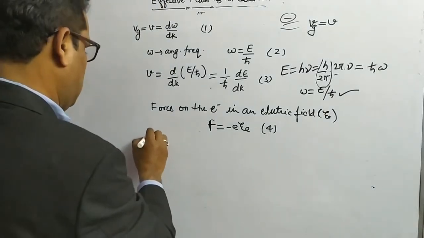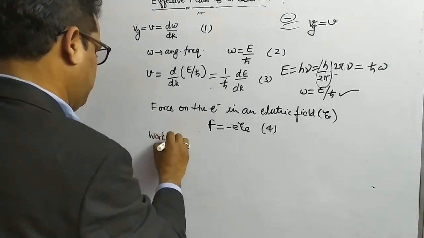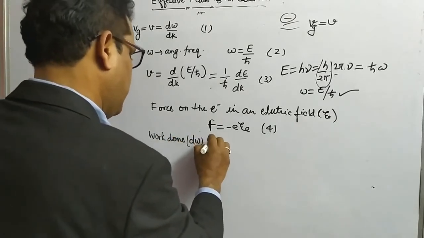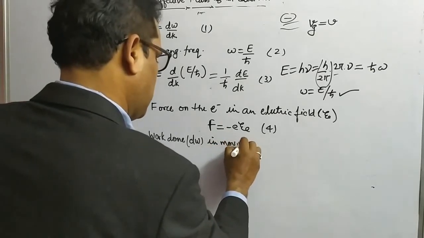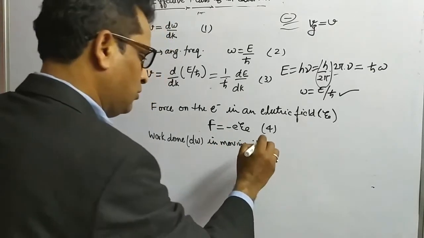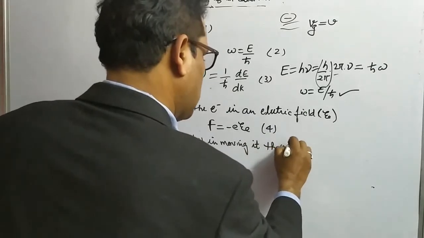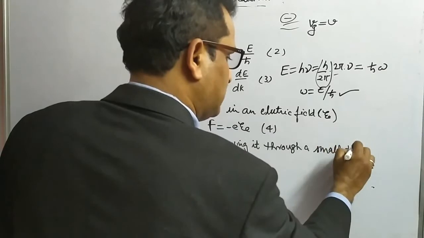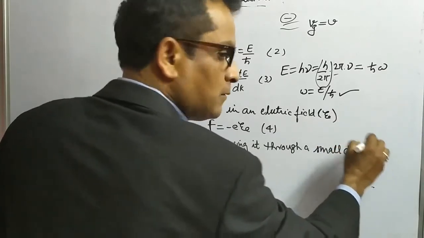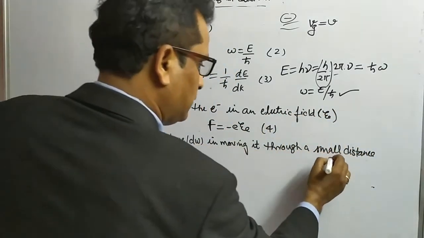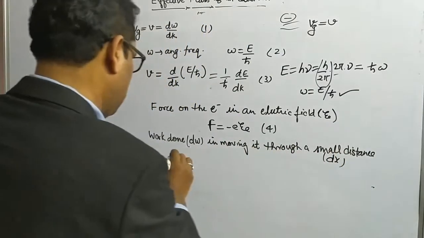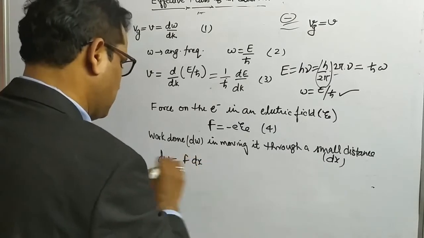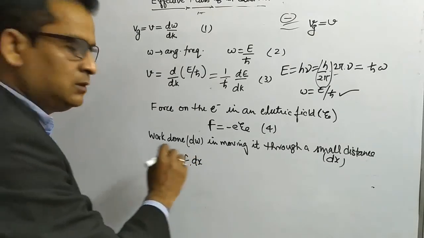So work done. A small work done dW in moving the electron through a small distance dx. dW is what? F dx, force multiplied by distance.